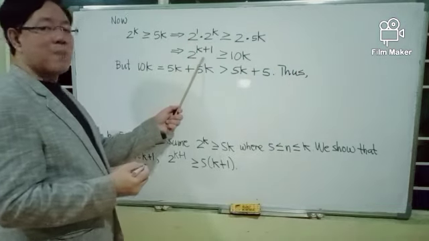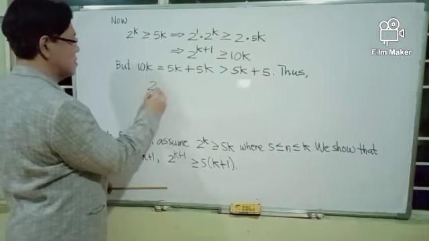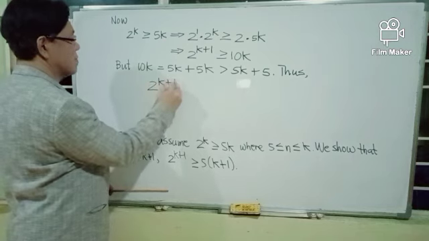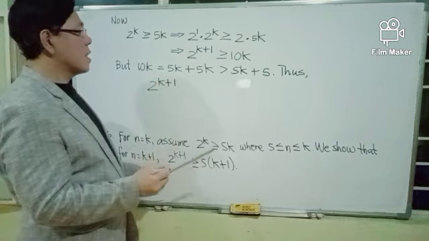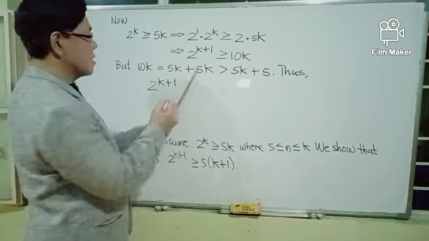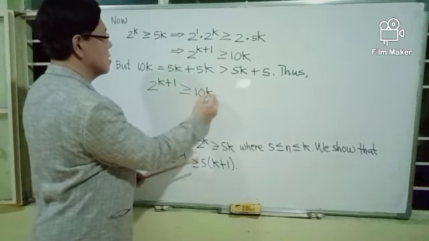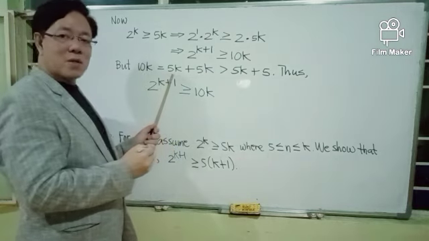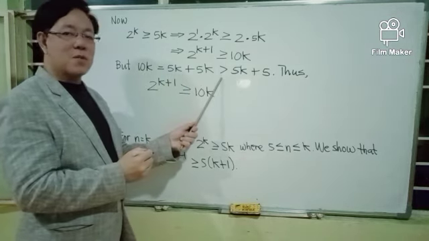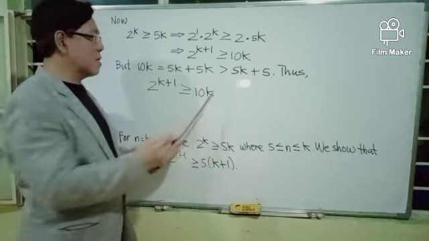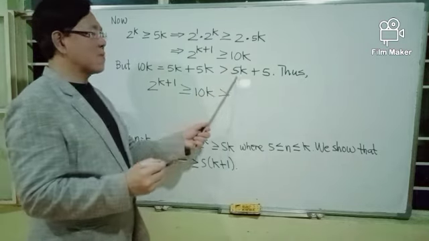Thus, we have 2 to the power k plus 1 greater than or equal to 10k, but 10k, which is equal to 5k plus 5k, we have shown is strictly greater than 5k plus 5.